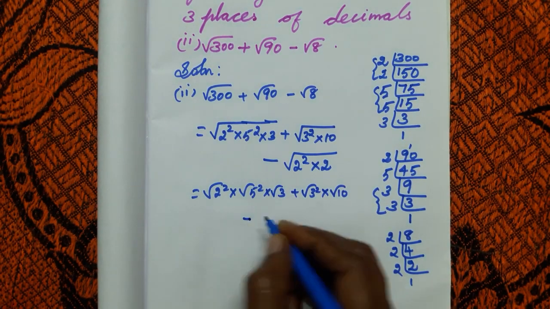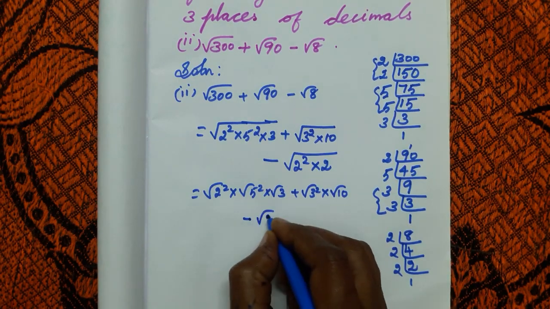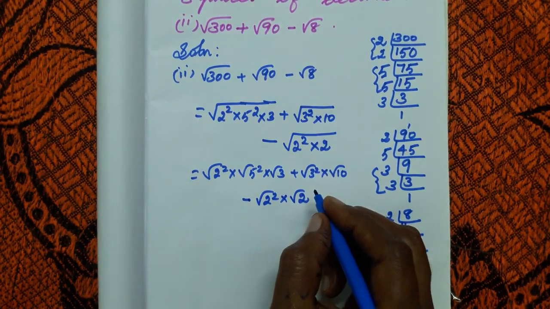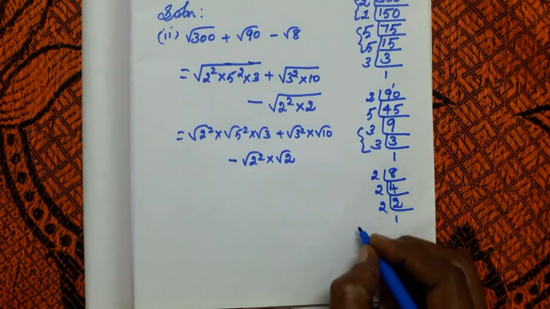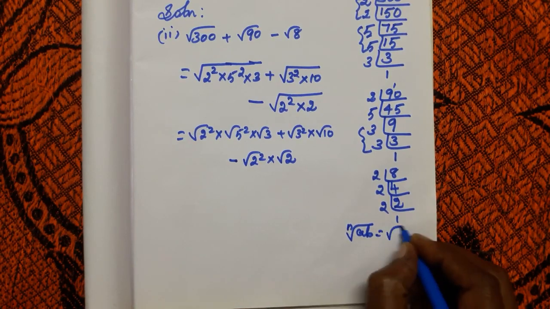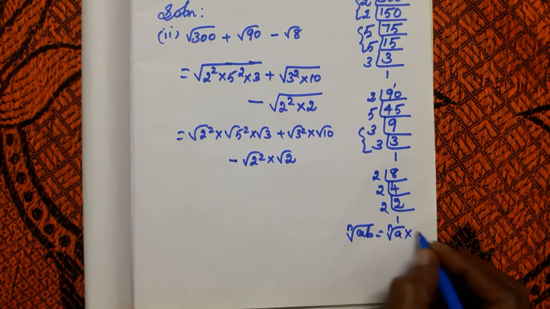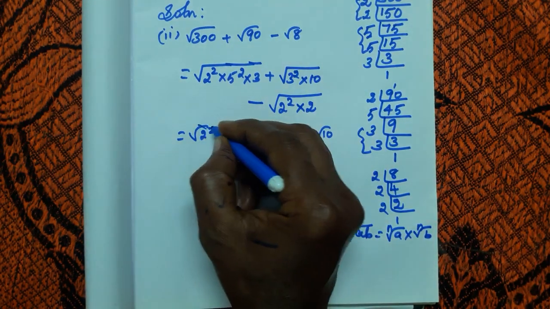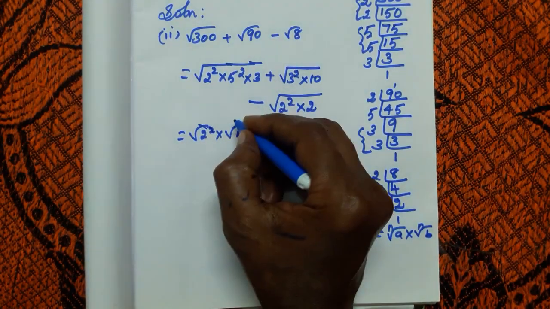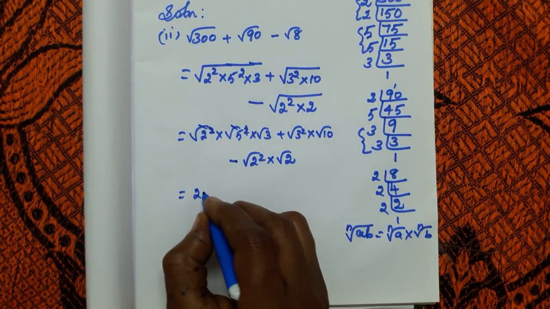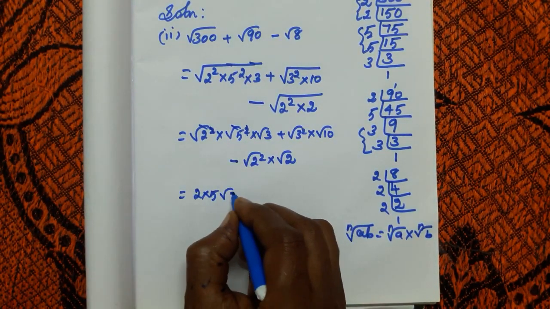Next minus, how can we write this? Root 2 square into root 2. Which property are we using? The nth root of AB is equal to the nth root of A into the nth root of B. Here the order and power are the same, so the square root of 2 square is equal to 2. Square root of 5 square is equal to 5. 2 into 5 root 3.